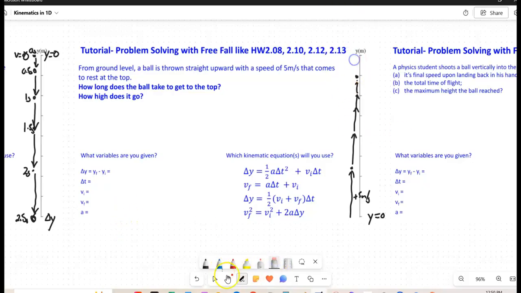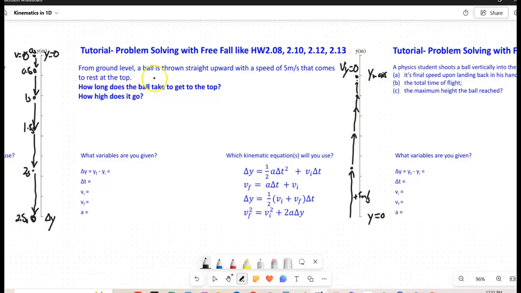And so we know when it reaches its maximum height, its velocity in the y direction, I'll just put its velocity here in the y direction, is equal to 0. Okay, so you're throwing a ball straight upwards with a speed of 5 meters per second, and it reaches its maximum height and comes to a stop.